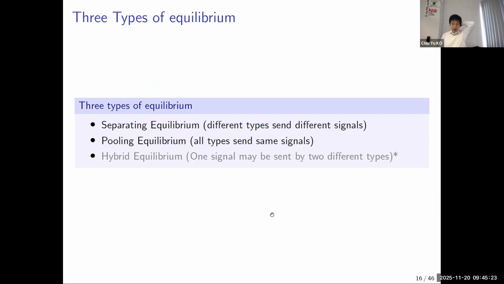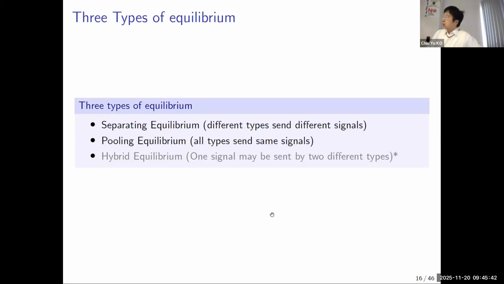So here we illustrate the 3 types of model that you analyze, but the last one we will skip, but you can also always check the textbook. Okay, the first one is separating equilibrium, which means different types send a different message. Pooling means everyone sends the same, but there's also hybrid.